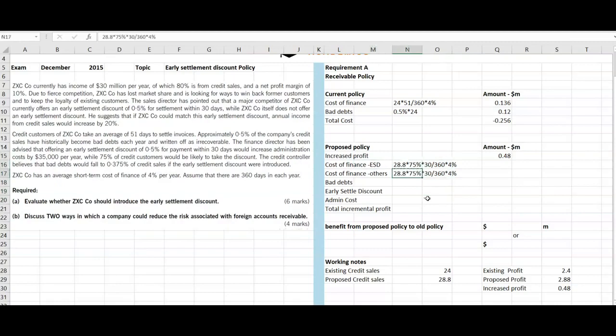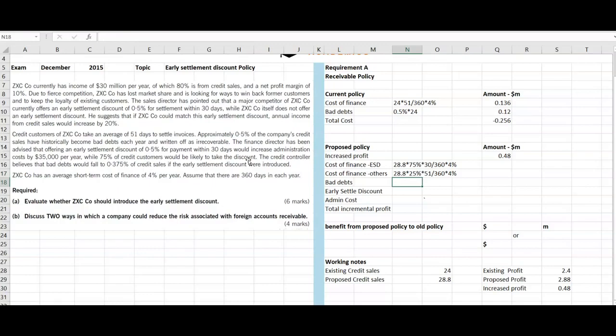The remaining people, we have to again calculate their finance. So 25% of the credit customers are not going to accept this. So how many days will they take? As per this problem or any problem, if only a certain set of people are going to accept the 30 days policy, the other people are assumed to follow the old policy of 51 days. Okay, so that's about the interest.